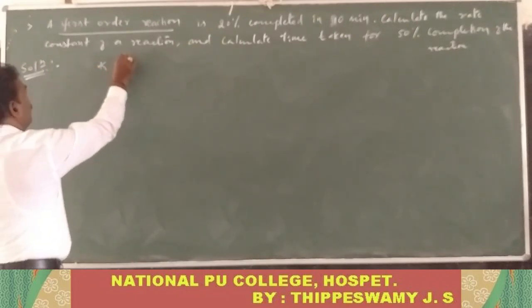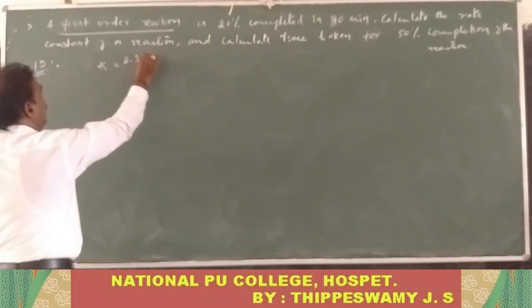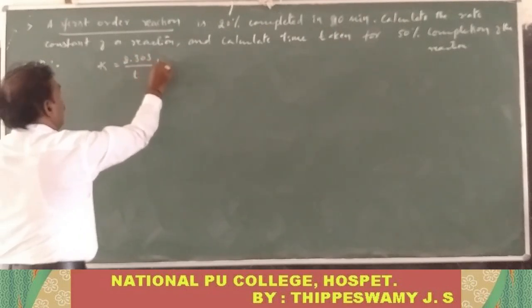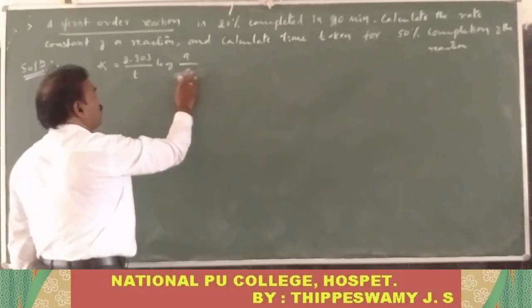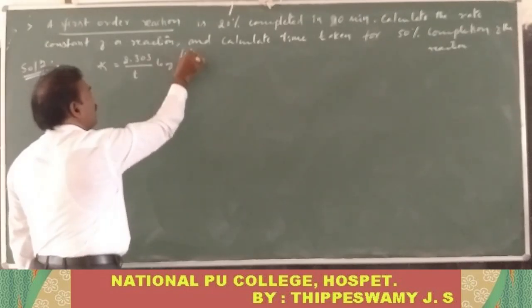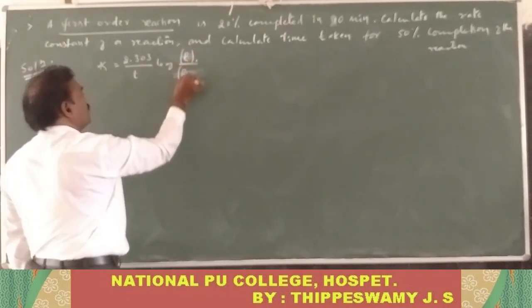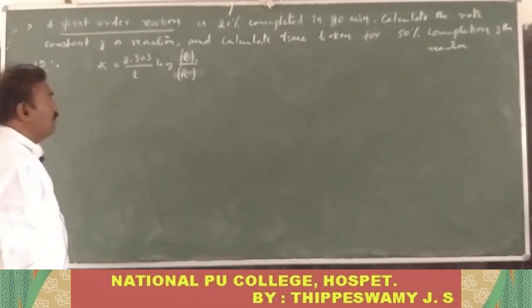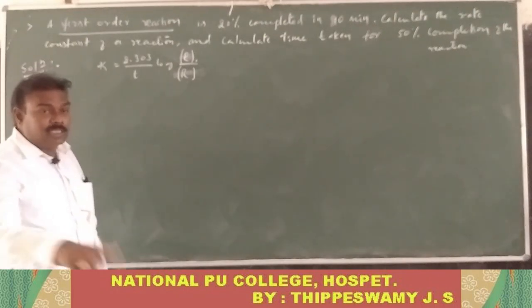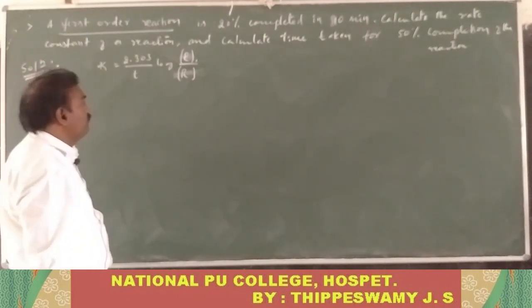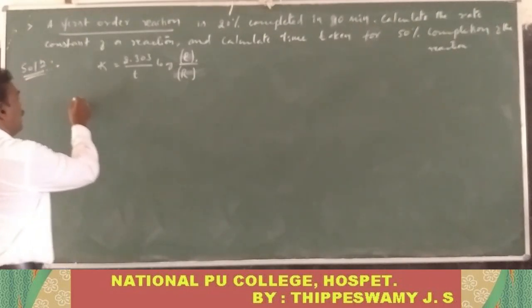That is K is equal to 2.303 divided by T into log of A divided by A minus X. Even you can also write R naught divided by R also you can write. Is it not? R naught is called initial concentration and R is called concentration after the time interval. Now accordingly we write the data given here.